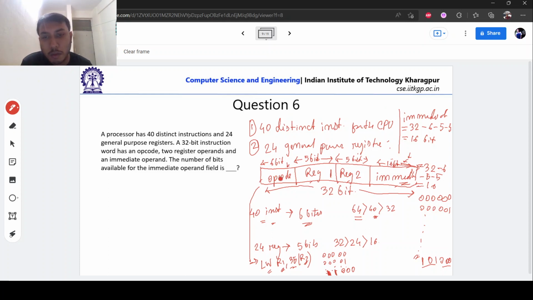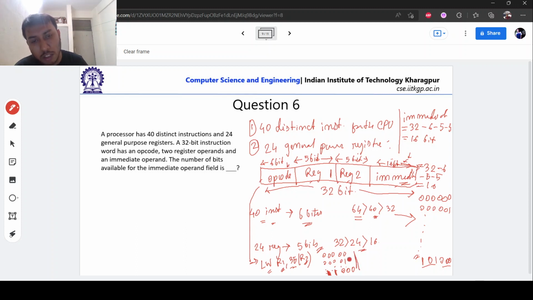So we then said, to represent 40 instructions you require 6 bit, because 6 is the number of bits that is required to represent each instruction uniquely. Then for each register we need 5 bit, because obviously 24's nearest power of 2 is 32, 2 to the power 5.